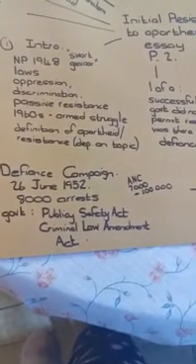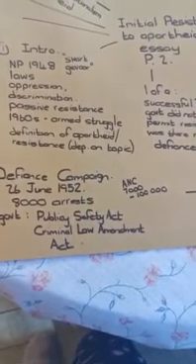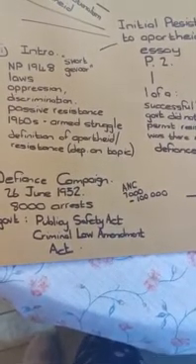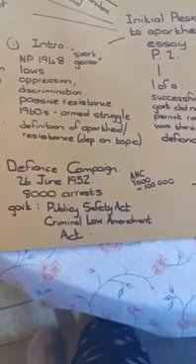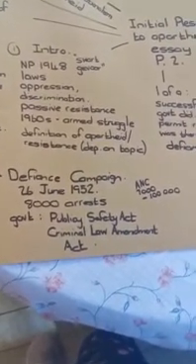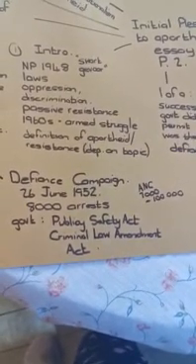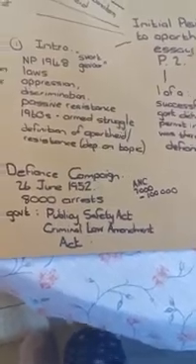So people would go and purposely sit on a whites-only bench or act against any of the laws that they were trying to show to be petty and ineffective and unfair and discriminatory. There were over 8,000 arrests, and government responded with a Public Safety Act and a Criminal Law Amendment Act.